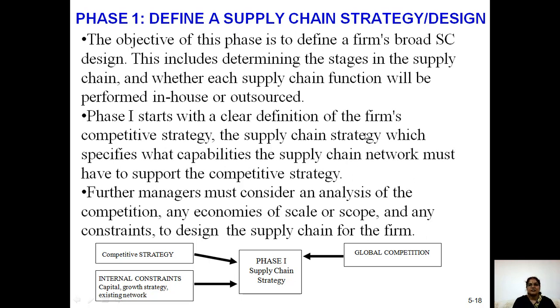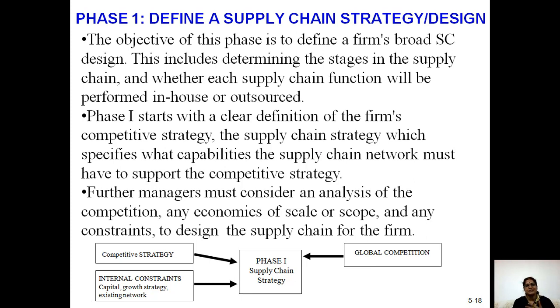Supply chain strategy determines how exactly different tasks have to take place, how raw materials have to be procured, what should be the nature of the manufacturing, how distribution should take place, and what is the nature of after sales service. All the activities, how exactly to be performed, will be determined by supply chain strategy. To achieve excellence, both supply chain strategy and competitive strategy have to go hand in hand.